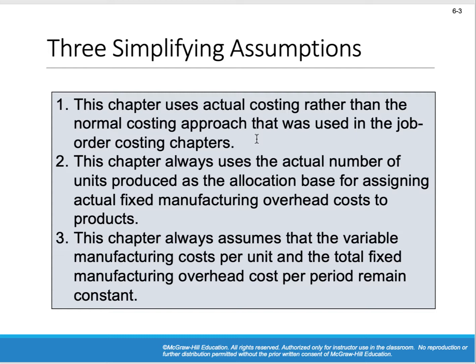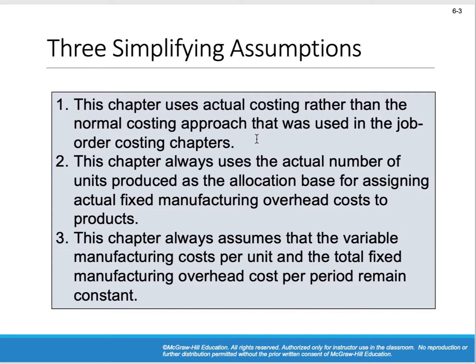And then the third assumption we're going to make in this chapter is that the variable manufacturing cost per unit and the total fixed overhead cost per period remain constant, okay? So again, we're focusing on the difference between variable costing and absorption costing.